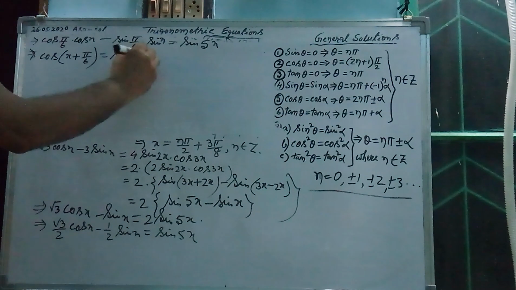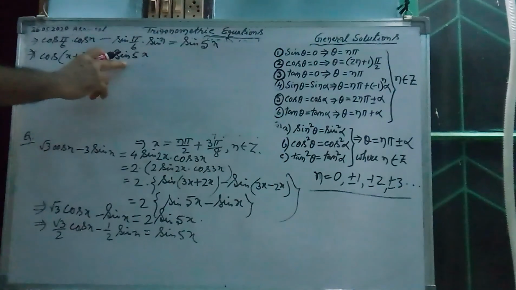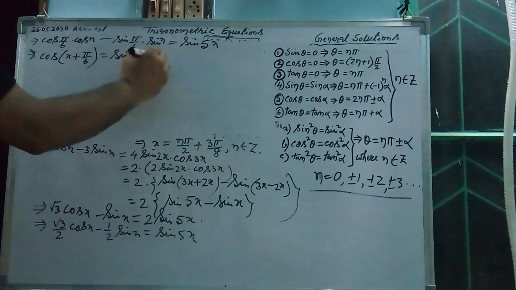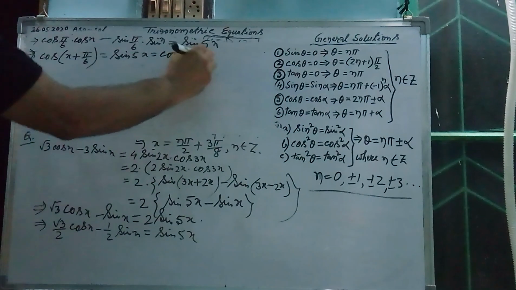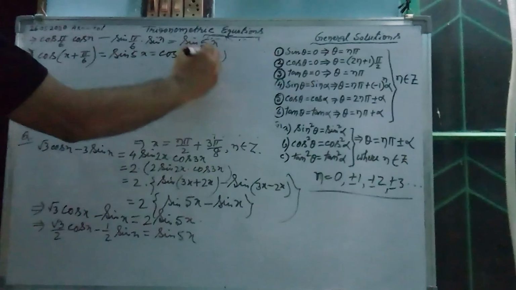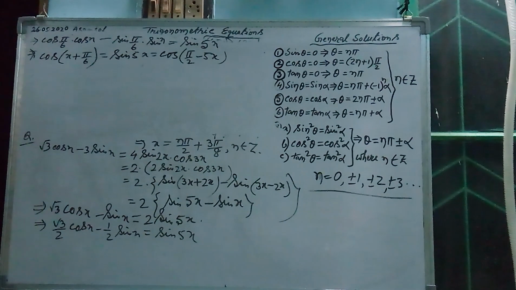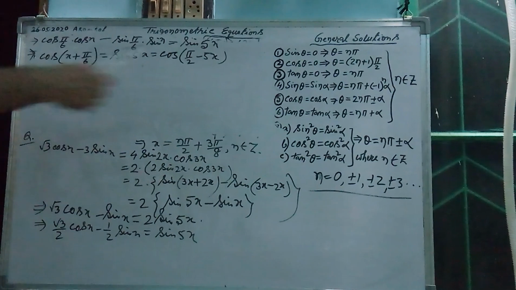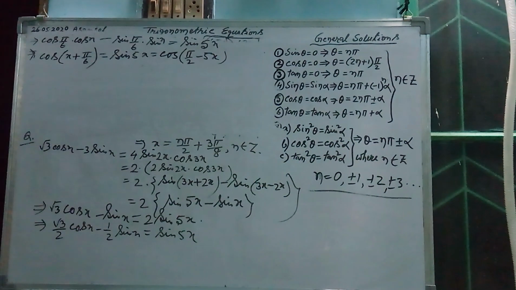So we want to bring this sine in terms of cos. How to write? This sin 5x can be written as cos of pi by 2 minus 5x, which is equal to sin 5x. So if cos theta is equal to cos alpha, theta is equal to 2n pi plus minus alpha.